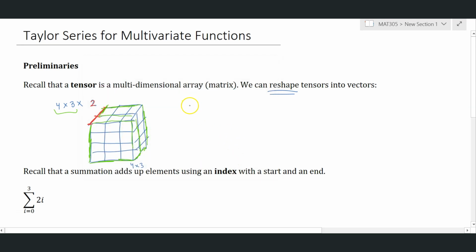Okay, so I'm going to make it into one matrix, and instead of having 4 rows, 1, 2, 3, 4, because I have 2 of those, I'm going to give this 8 rows. So 1, 2, 3, 4, 5, 6, 7, and 8. What I'm going to do is stack my second 4 by 3 right below the first 4 by 3.